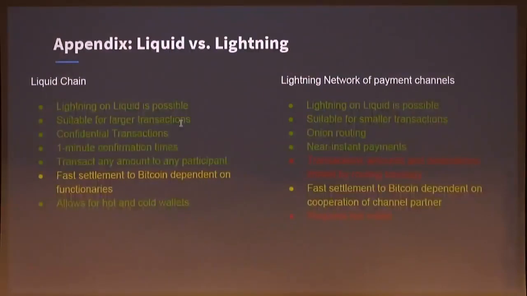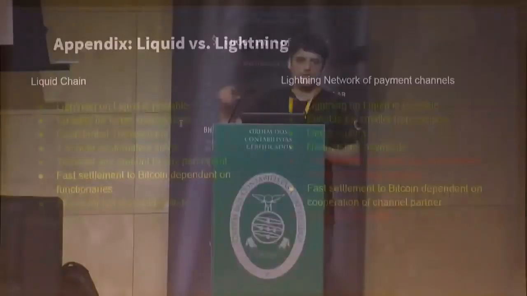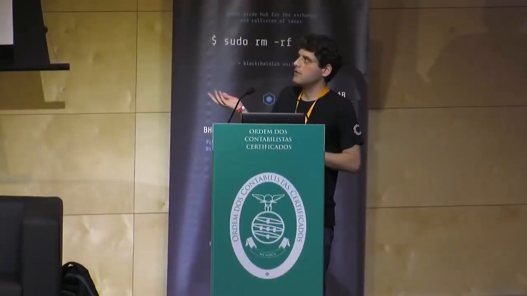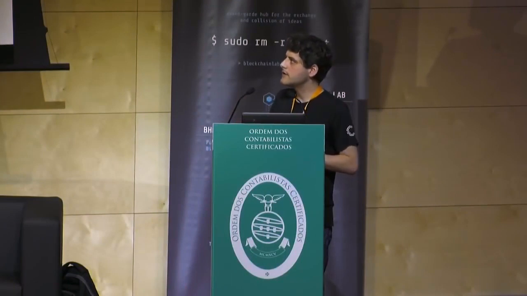I think Lightning is great, but they are different. First of all, they're compatible with each other. You can have Lightning with Liquid. Lightning is not so good for big transactions because of the routing. You don't have those limitations in Liquid.